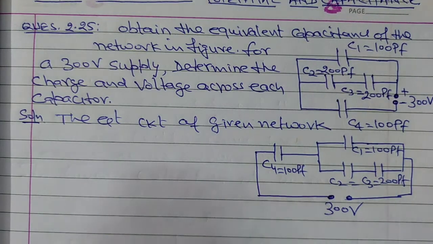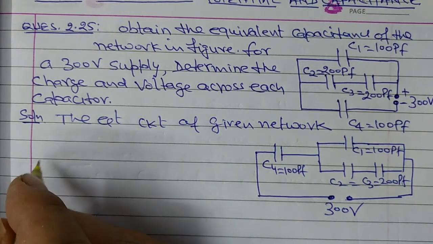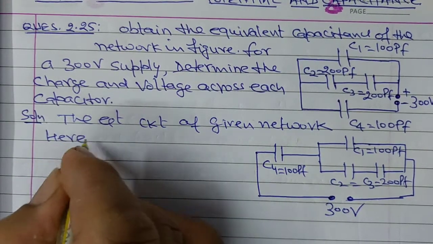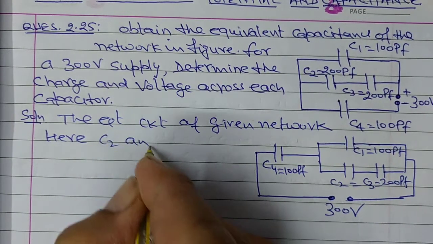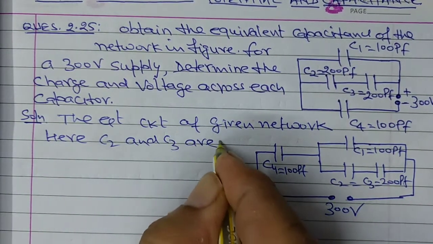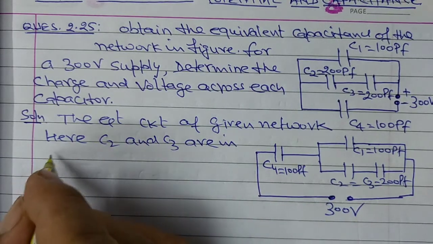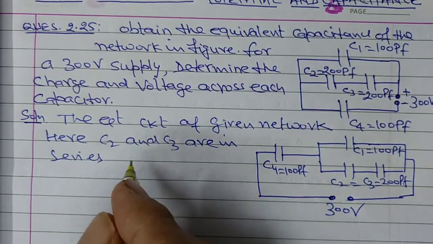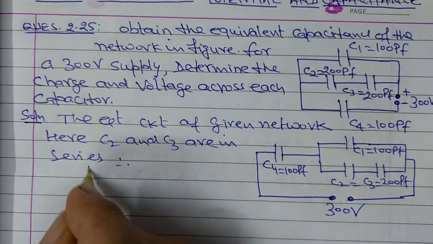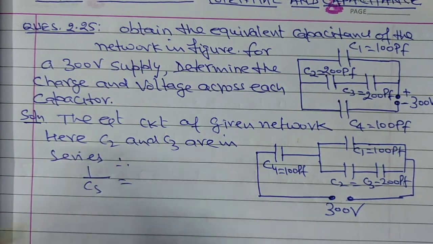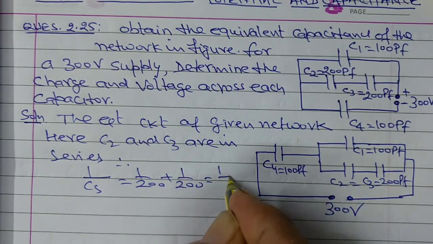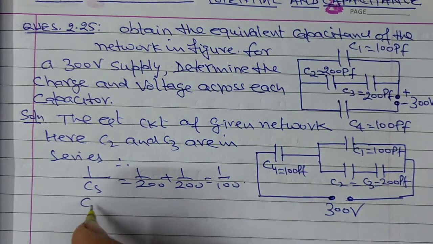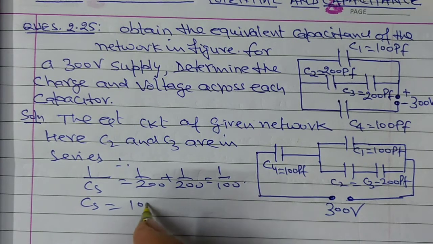Now from the figure it is clear that C2 and C3 are in series. Therefore, equivalent capacitance is 1 upon Cs is equal to 1 upon 200 plus 1 upon 200, and this is equal to 1 upon 100, and hence Cs is equal to 100 picofarad.